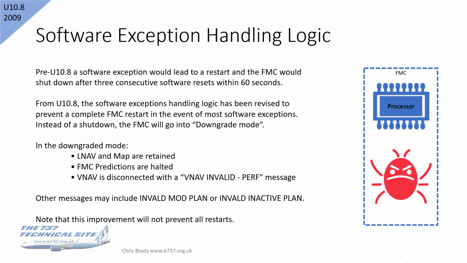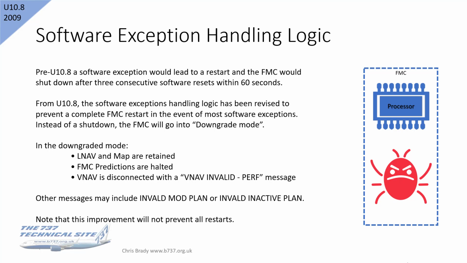However, from 10.8, the geniuses at Smiths revised the software exception handling logic to prevent a complete FMC restart in the event of most software exceptions. Hallelujah! If it got into a state where it found an unsolvable situation, instead of shutting down, it would go into downgraded mode.